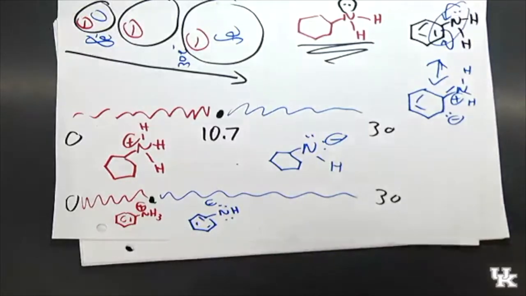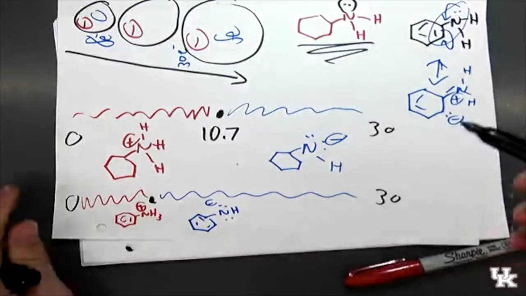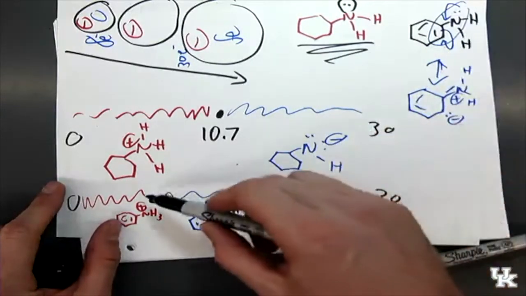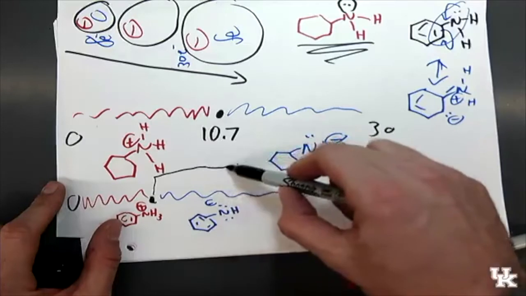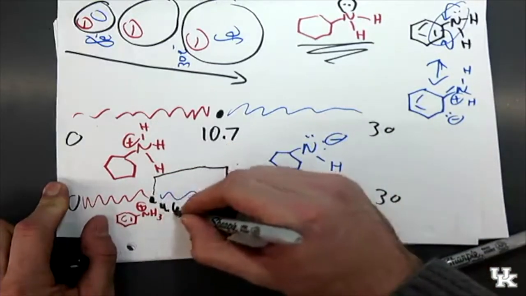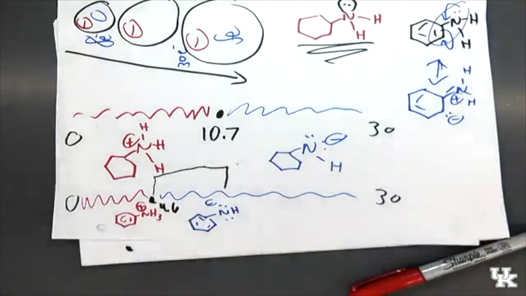So that means if you were trying to deprotonate something, if you're trying to deprotonate a chemical in this range between 4.6 and 10.7, you could not use aniline, because you would not have aniline in the acid form. You would have to use the cyclohexylamine if you wanted to do that reaction.